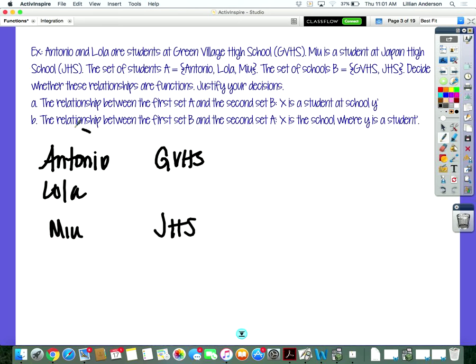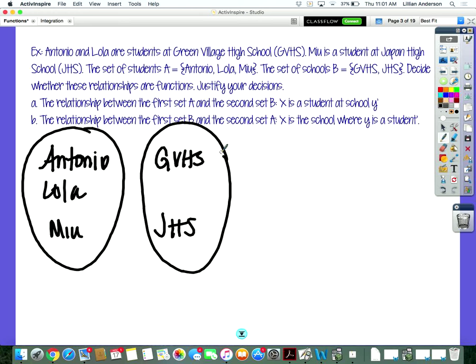Now, one way that you can actually look at a function besides looking at it as a set of ordered pairs, you can actually look at it as a mapping diagram, which is what I'm drawing out here. You have two circles, one circle representing your inputs, one circle representing your outputs, okay? And you use arrows to show what each input goes towards.